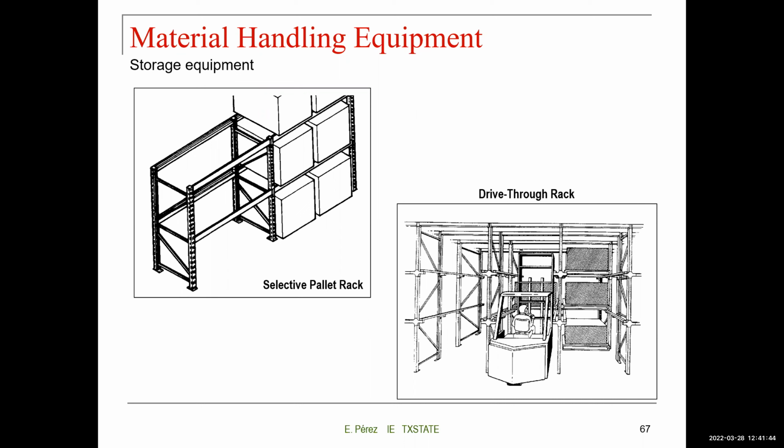So now we are looking at these racks that you can use not necessarily to move the items, but once you get into the warehouse, you want to place them somewhere. These are some of the options that you have available. So you have here the selective pallet rack and the drive-through rack.